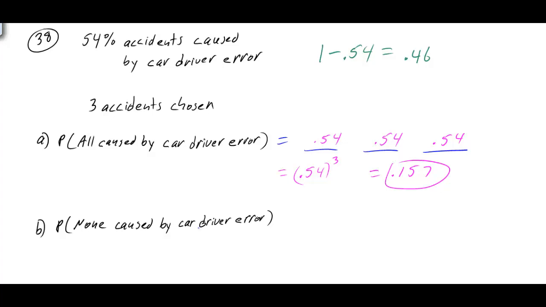So once again, that means we would have the 3, and none of them are caused by the car driver error, so that means we're looking at everything else, so that would be a 46% chance. So that would be 0.46 times 0.46 times 0.46. And if we multiply that out, we would end up with 0.097.